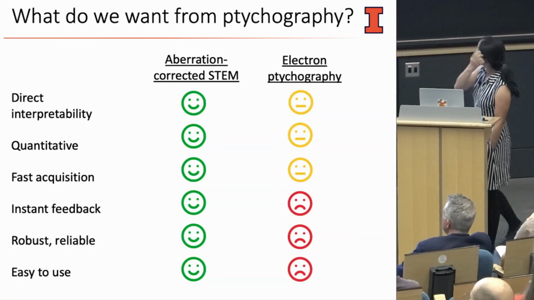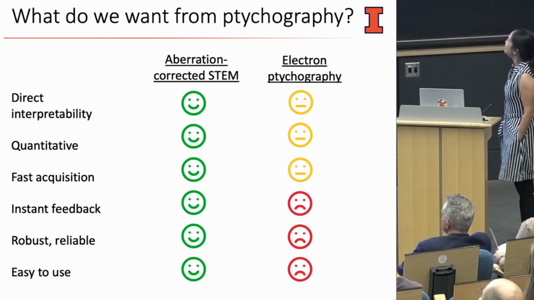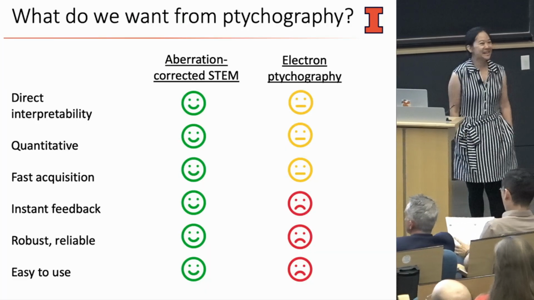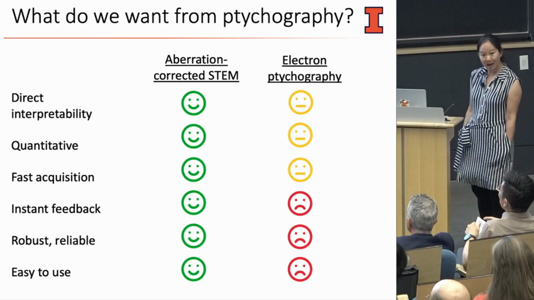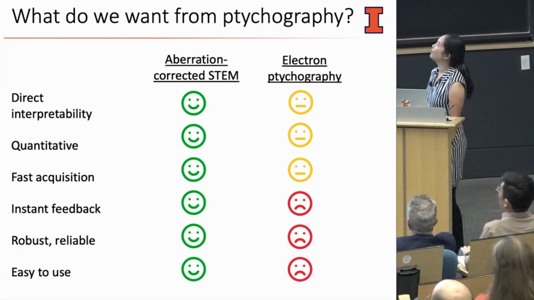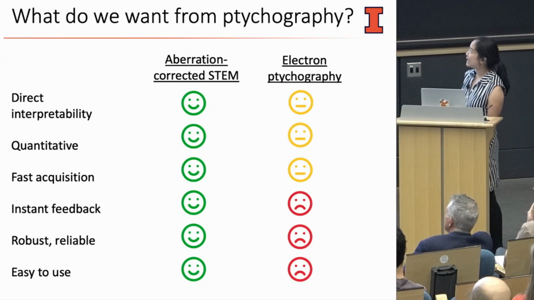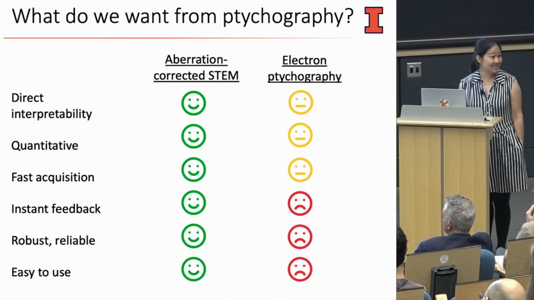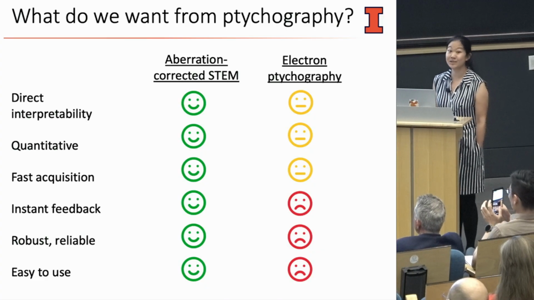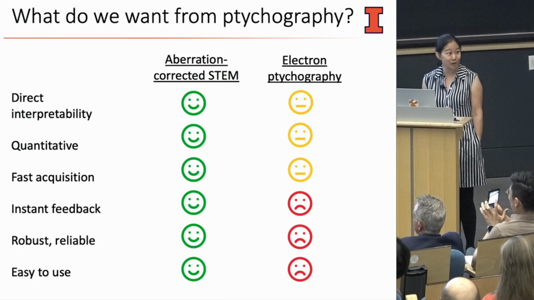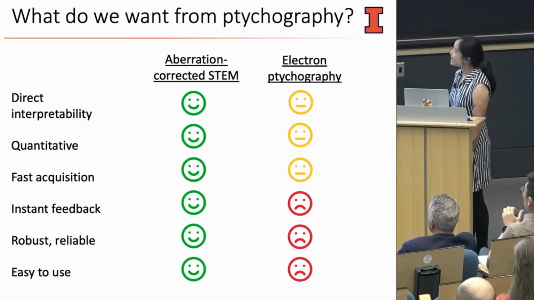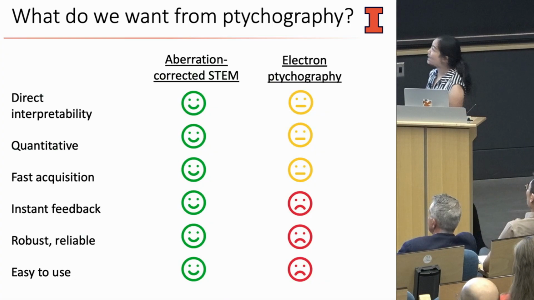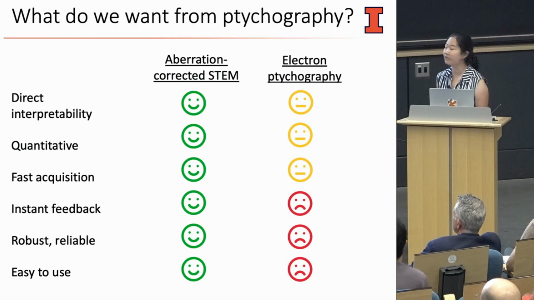What else can we do with ptychography? Well, like I said at the beginning of the talk, there's a lot of power to this new method, but there are also a lot of downsides. We're trying to do science here after all, and we're trying to discover new and unknown phenomena. And so things like direct interpretability and quantitative accuracy of our methods is extraordinarily important.